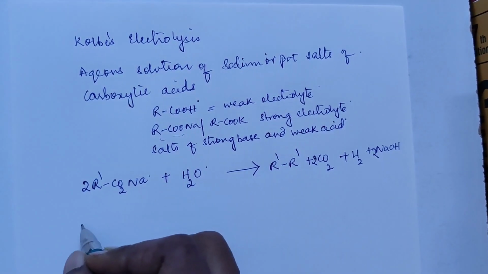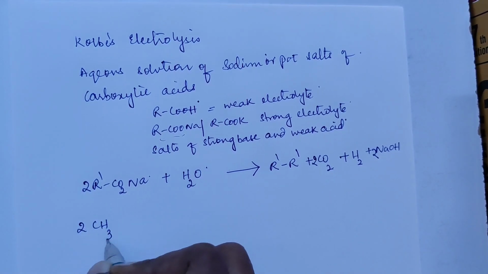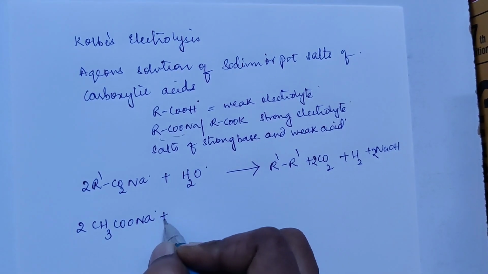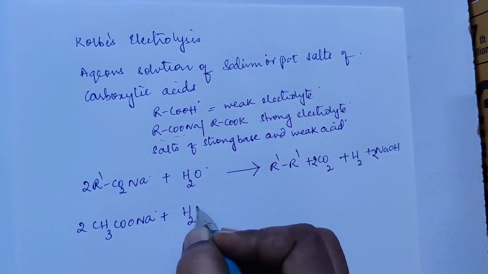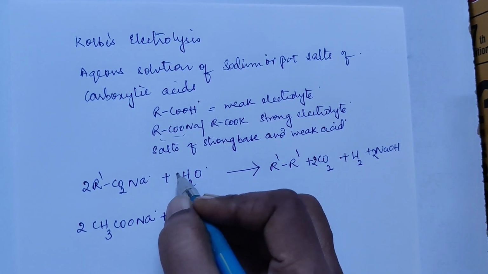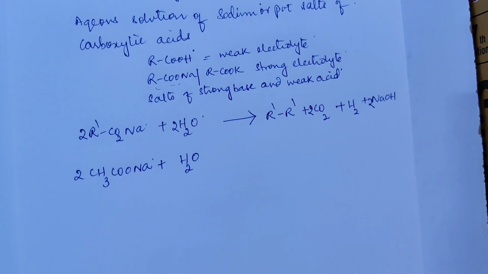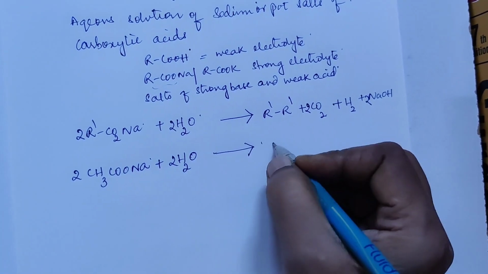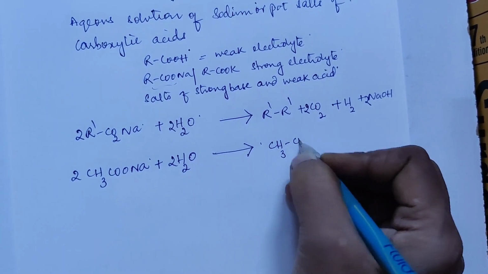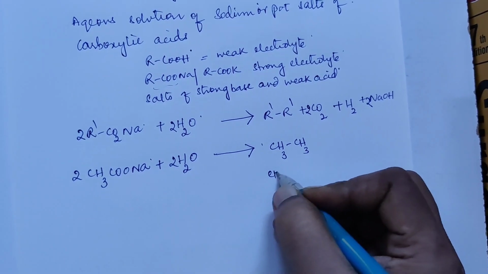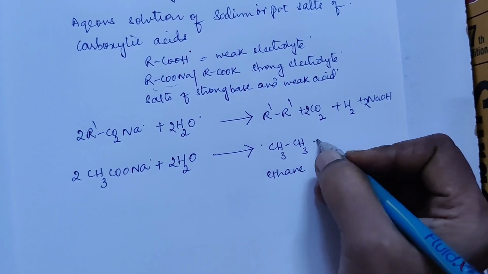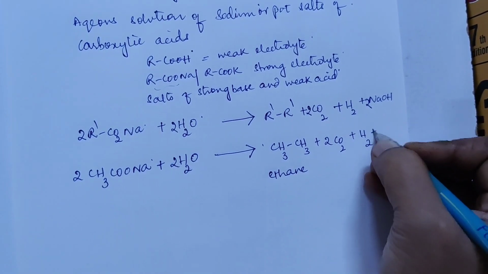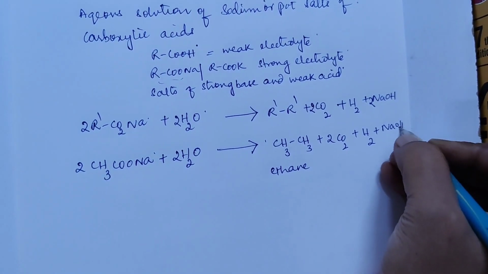Let us check with an example: 2 moles of sodium acetate, and water is added, and we get CH3CH3, that is ethane, and carbon dioxide is evolved, and hydrogen and sodium hydroxide.